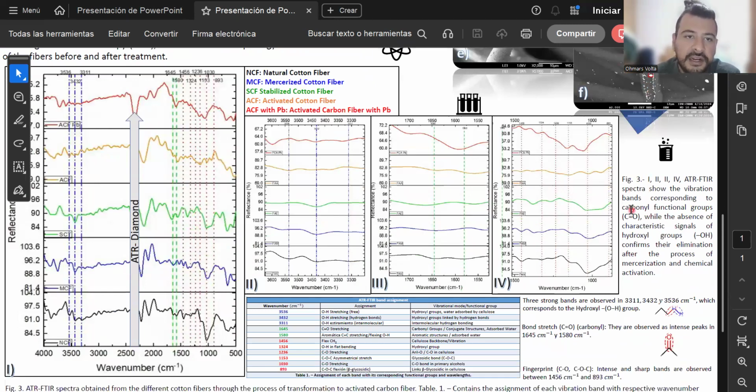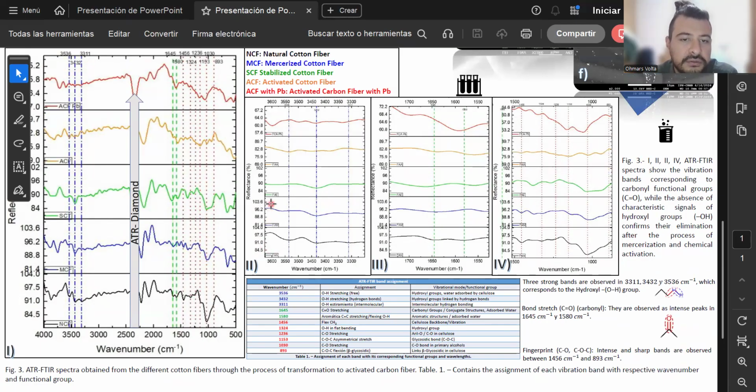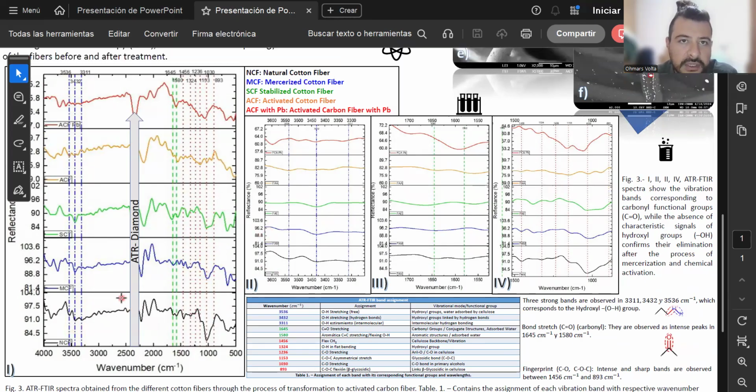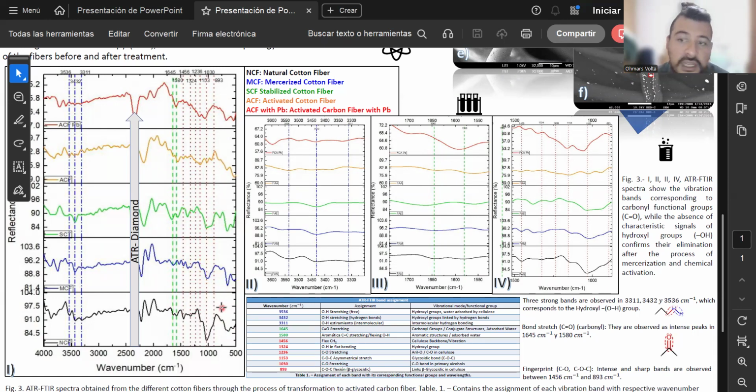And continue with the IR spectra. Here we have the ATR-IR spectra obtained from the different cotton fibers through the process. For example, we have the natural cotton fiber in black, mercerized cotton fiber, stabilized, activated cotton fiber, and finally the activated carbon fiber with lead nitrate. We appreciate different changes through the process corresponding to hydroxyl groups.